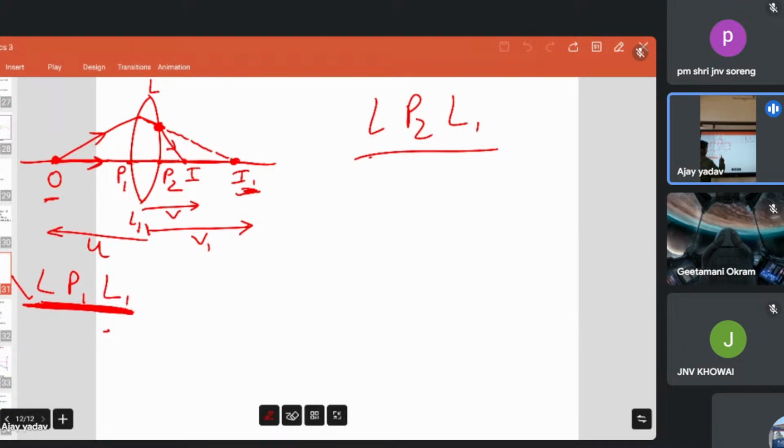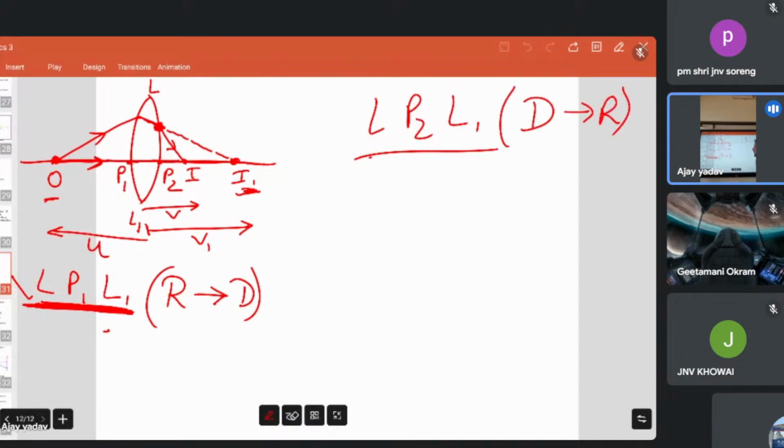First we will write the equation for rarer to denser medium for the first surface L P1 L1, then the equation for denser to rarer medium for the second surface L P2 L1, and we will add these equations.